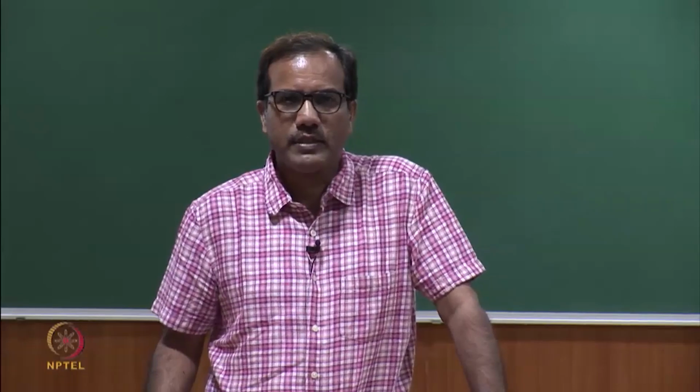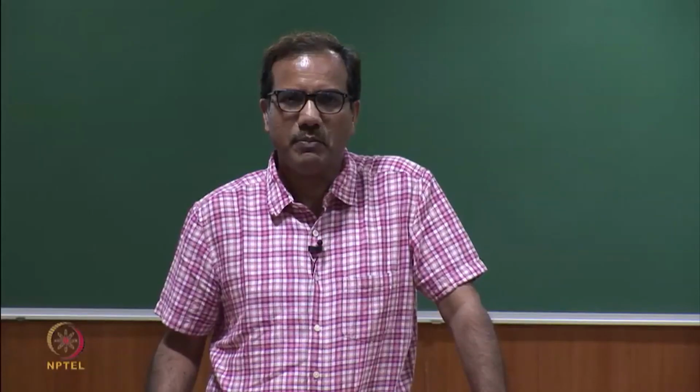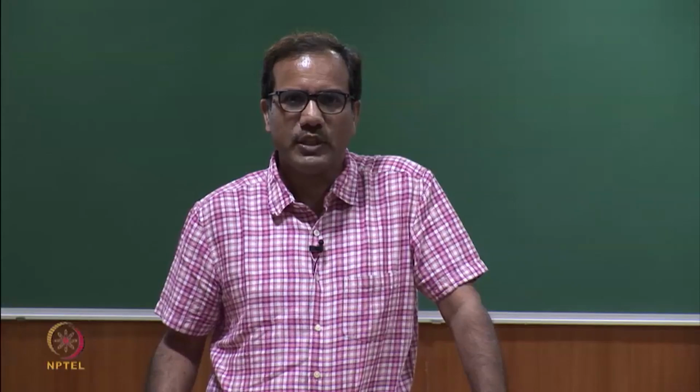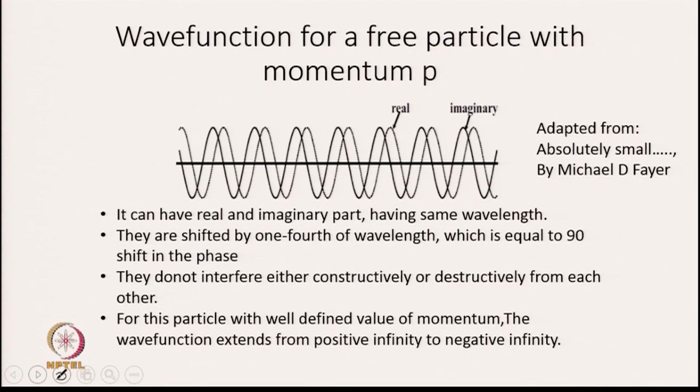First, we will discuss the Heisenberg uncertainty principle. This uncertainty is basically due to the wave nature of the particle. Here we look at whether position can be specified exactly. We show the wave function for a free particle of momentum p, a wave function of a single wavelength with a fixed momentum.